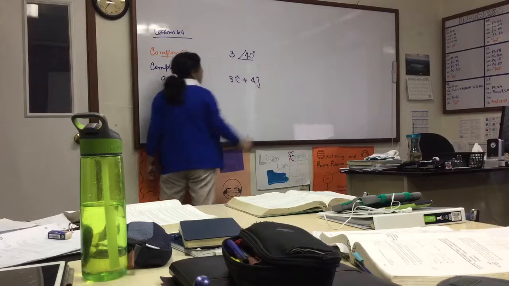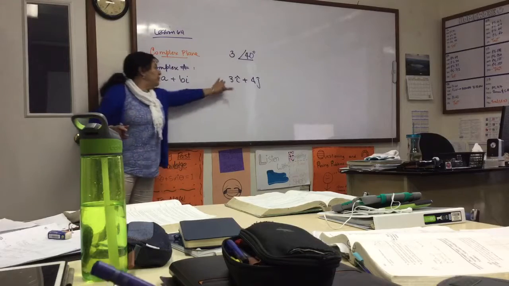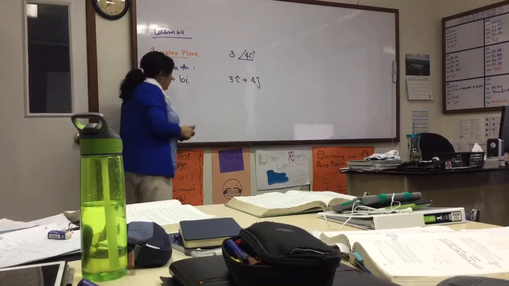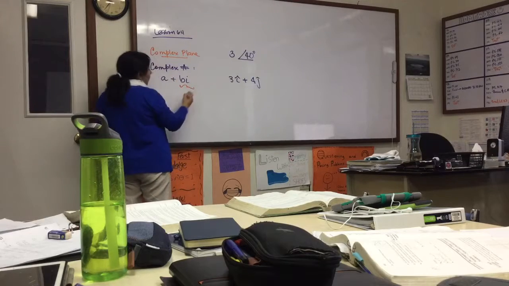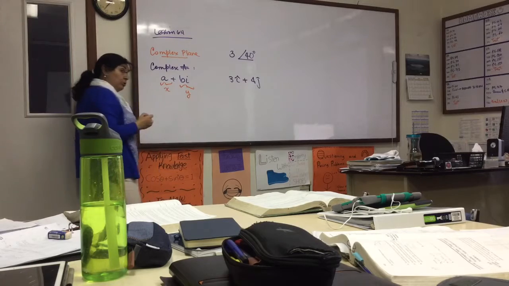You remember this? Yes. Right. So can we make an analogy between this and this? Yes. If we can, then this would be the y, and this would be the x. Would you agree?